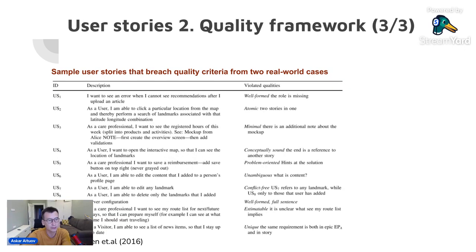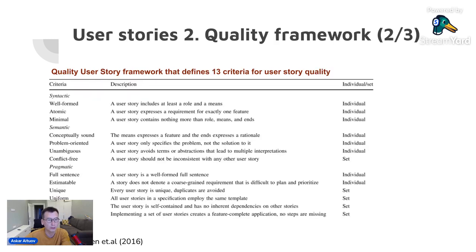And here even an example is shown. For example, I want to see an error when I cannot see a recommendation after I upload an article. So here, this person didn't describe the role. A well-formed role is missing. So they put it here, violated qualities.